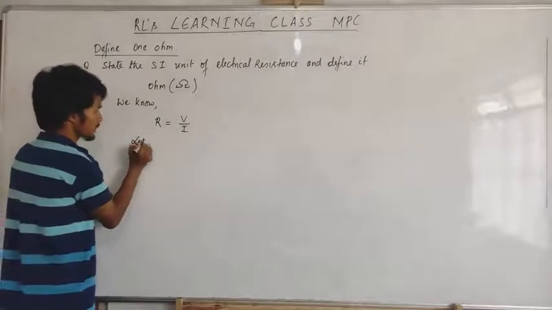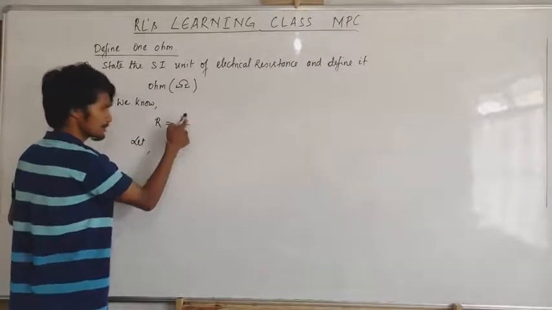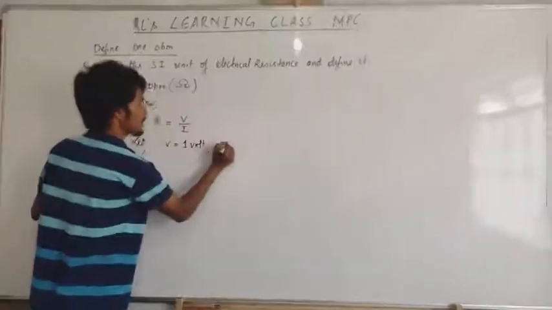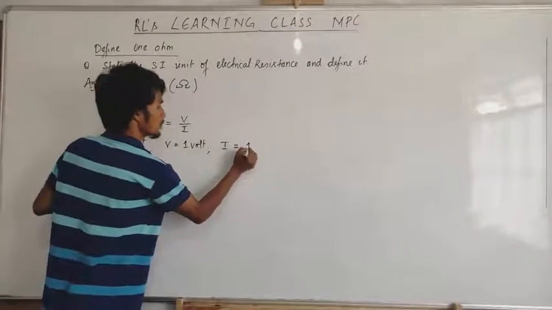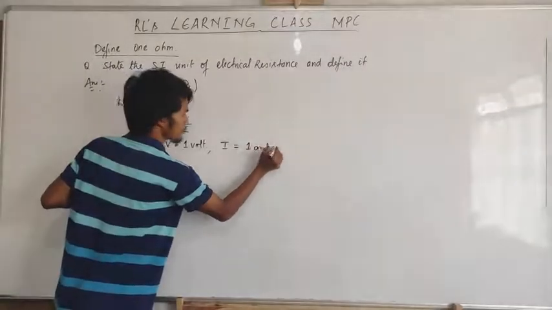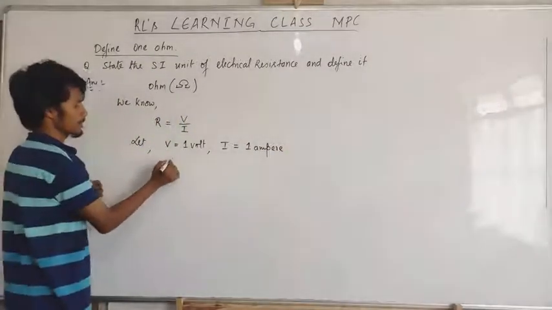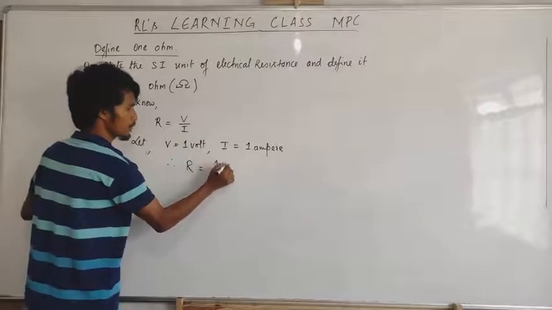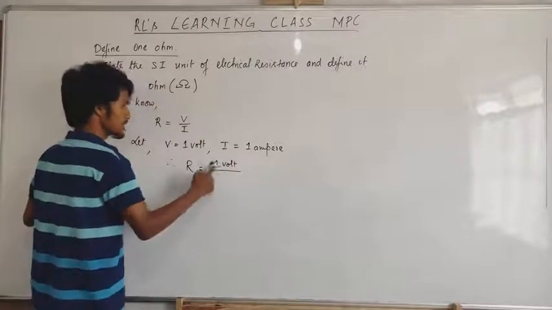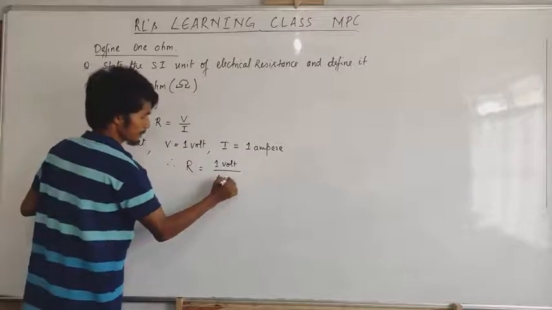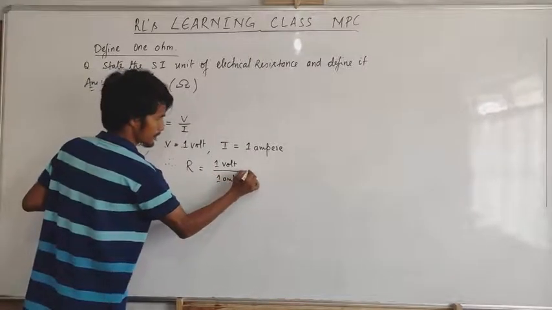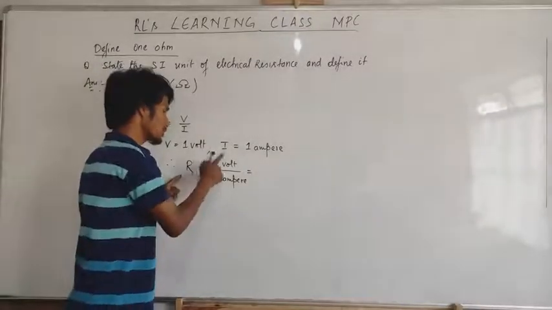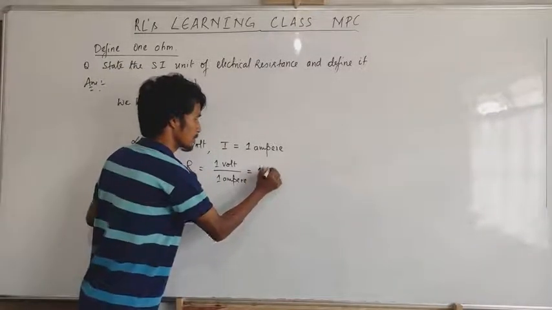Now let electric potential be 1 volt and current I be 1 ampere. Then what is R? In place of V I put 1 volt, and in place of I I put 1 ampere. Now what is the electrical resistance? 1 volt by 1 ampere is equal to 1 ohm.